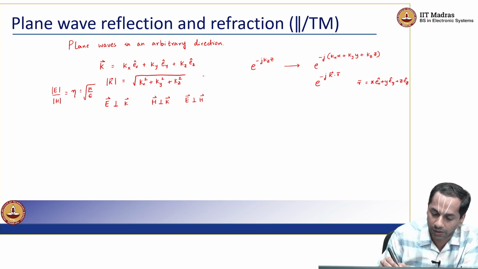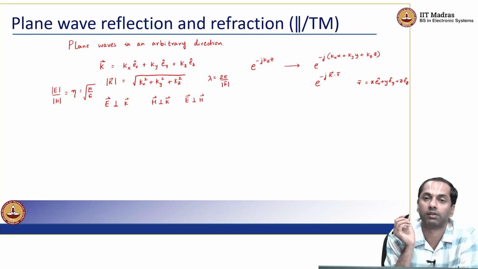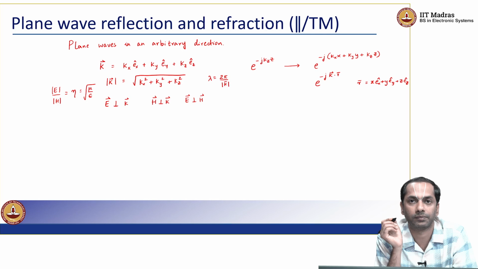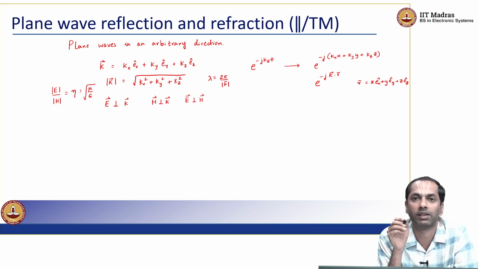And also the knowledge of k gives you the ability to extract the wavelength in the medium, right. So, this wavelength lambda is essentially a distance in space where the phase difference between two planes of constant phase that are separated by the spatial distance lambda will essentially have a phase difference of 2 pi, or you can say basically there is no phase shift, right.